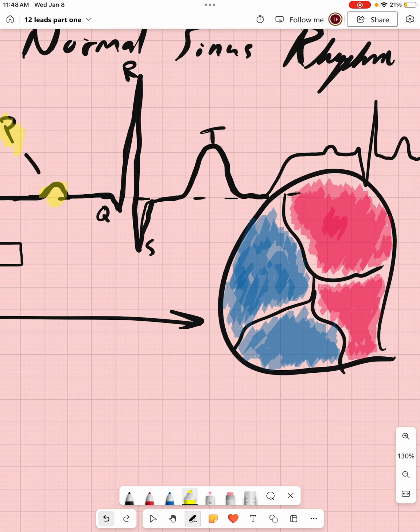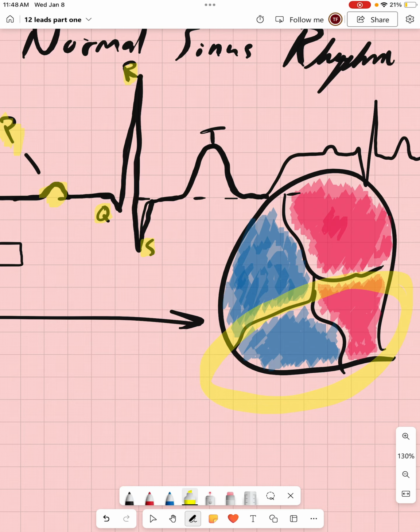Okay. Now, the QRS complex is referred to as a complex because the waves are viewed together. It is one wave that is comprised of three smaller waves, but it indicates one specific thing, so that's why it's grouped together. The QRS complex signifies the electrical depolarization of our ventricles.